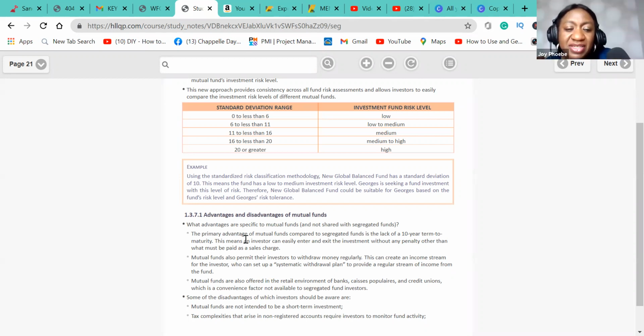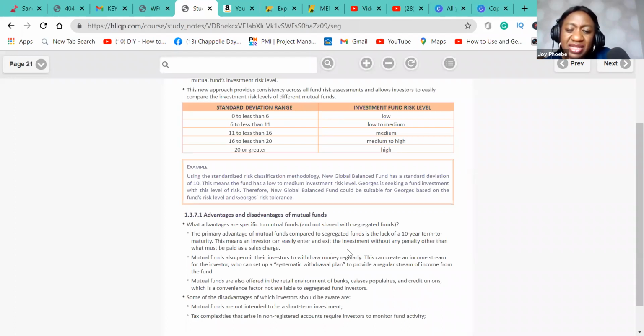What advantages are specific to mutual funds and not shared with segregated funds? The primary advantage of mutual funds compared to segregated funds is the lack of a 10-year term to maturity.